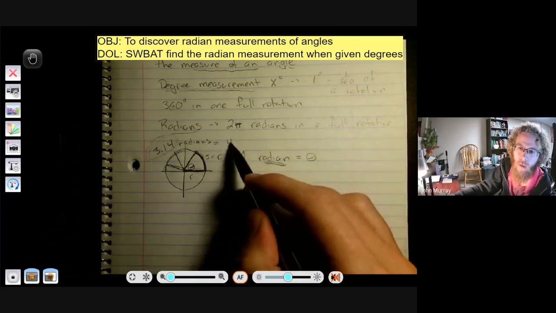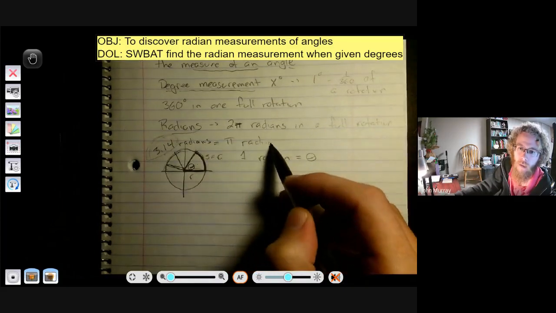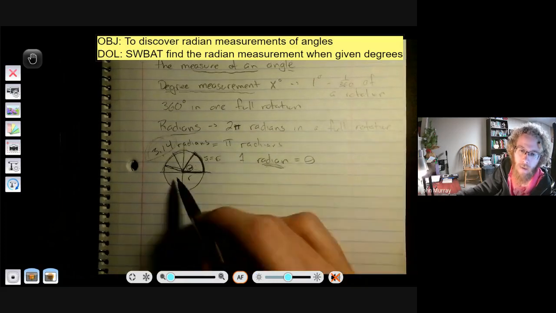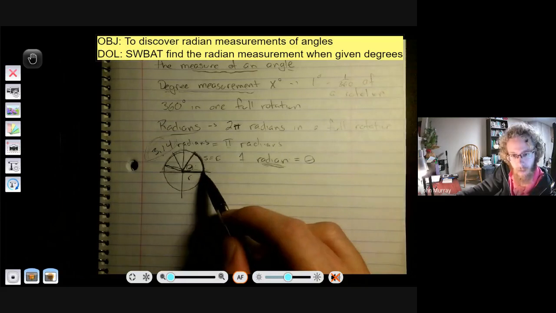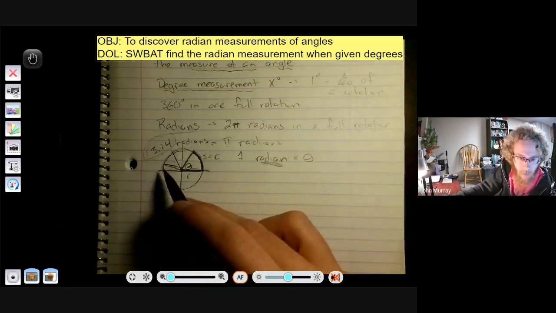That 3.14 is pi. All right, so I can fit pi radians up here in this top hemisphere.